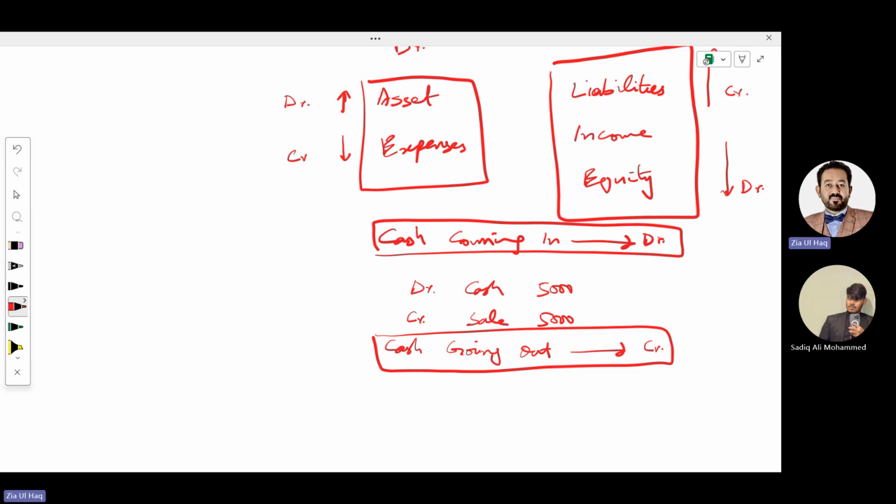We have purchased goods for cash, rupees 8,000.